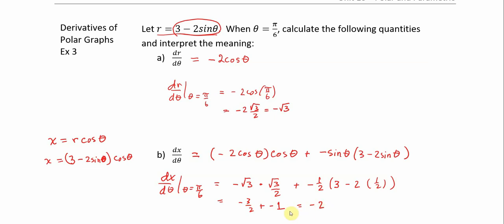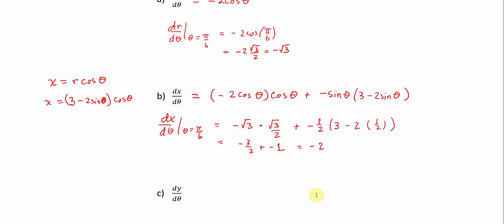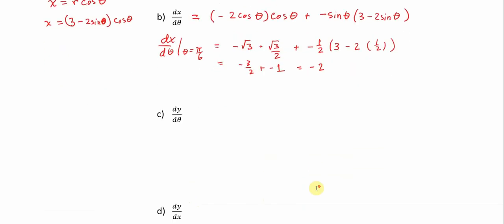So the derivative of x with respect to theta when theta is equal to pi over 6 is equal to negative 2. Once again, we will go back to this and try to interpret the meaning of what these numbers are. Onwards, dy d theta.